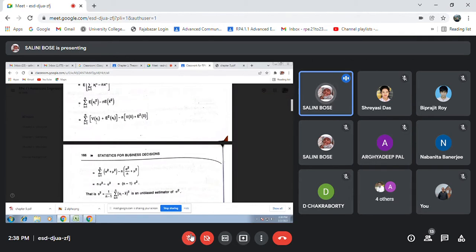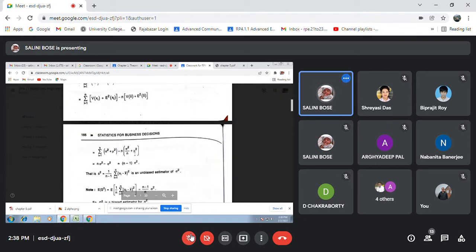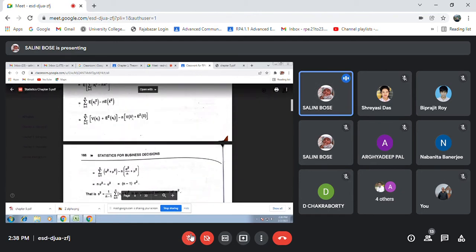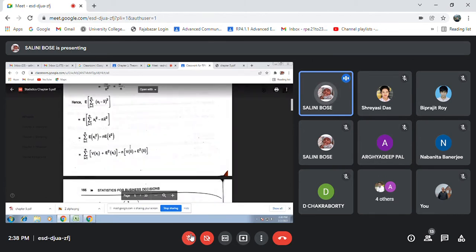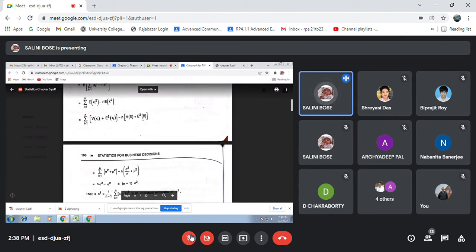Variance of xi is equal to sigma square; we will do the summation later on. So this is sigma square plus E square xi. E of xi means mu, so E square xi means mu square. So it is mu square, minus n V of x bar. V of x bar, what do we know? That is sigma square by n. So write sigma square by n plus E square x bar.